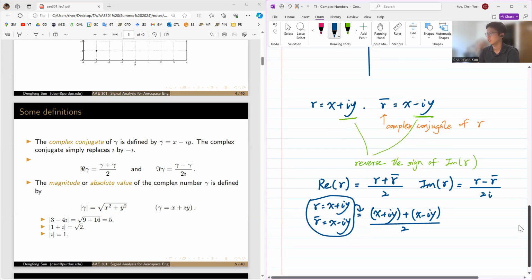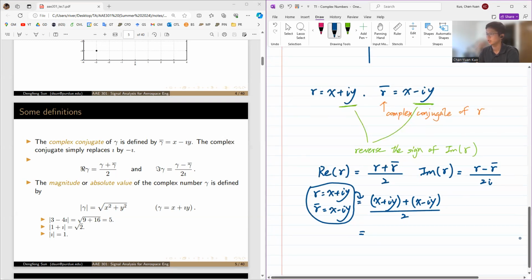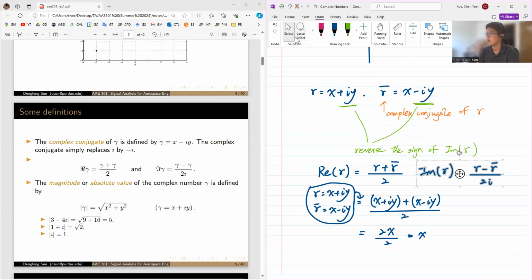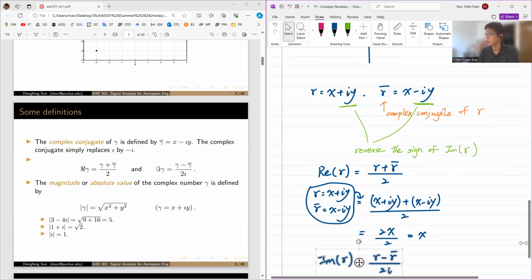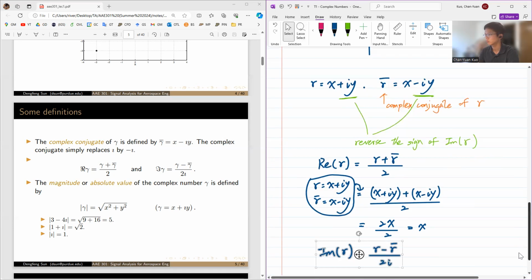If you look carefully at the numerator, you will see that the imaginary parts cancel each other out, and we are left with two times the real part of gamma. Now if we divide this by 2, we are left with x, which is the real part of gamma.